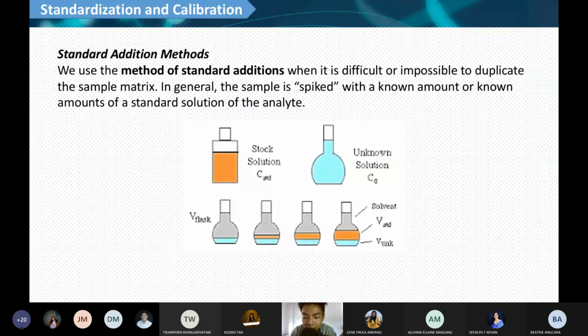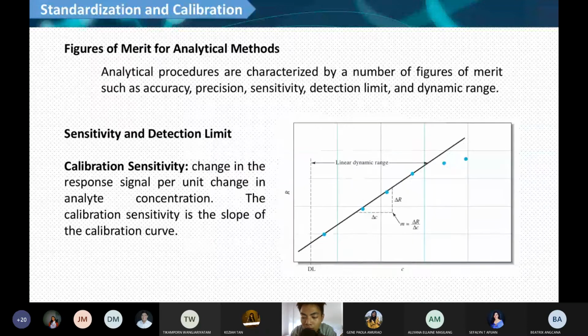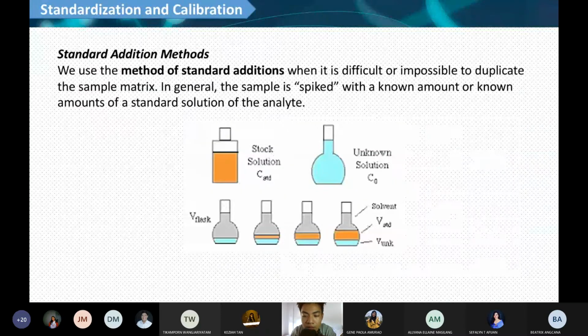And the last technique is called the standard addition method. The standard addition method involves the addition of a standard to your solution. In this process, we don't need to establish the calibration curve. There is no need to do a calibration curve here at most.